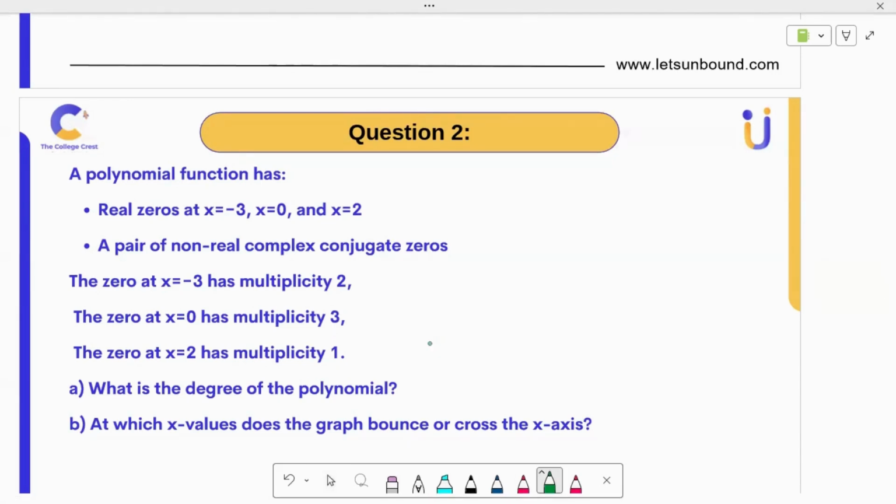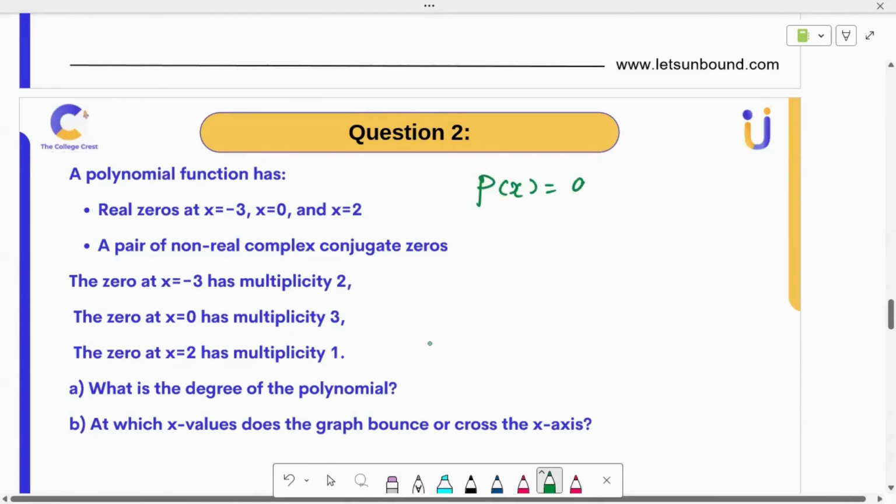Okay, let's frame a polynomial. So p of x equal to, put a constant a. This will be the leading coefficient. Then using factors, you can just frame it. x minus 3 is a zero means x plus 3 is a factor. Multiplicity 2 means square.